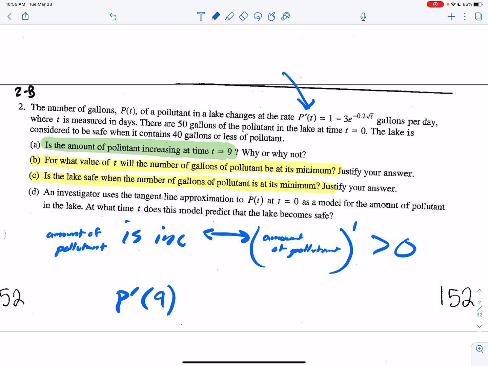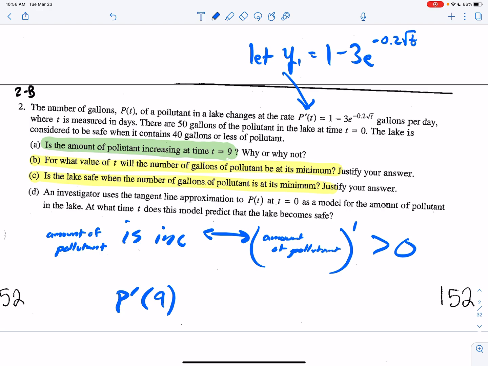Actually, let me show you. We're going to let y1 equal this: 1 minus 3e to the negative 0.2 radical t. I'm going to insert that on my y1. Make sure you follow along with me here, okay? There are a lot of shortcuts that you can take. I'm going to type this in, 1 minus 3e to the negative 0.2 square root of t, or in this case, x. Make sure that you use the negative symbol for the negative 0.2 and not a minus.